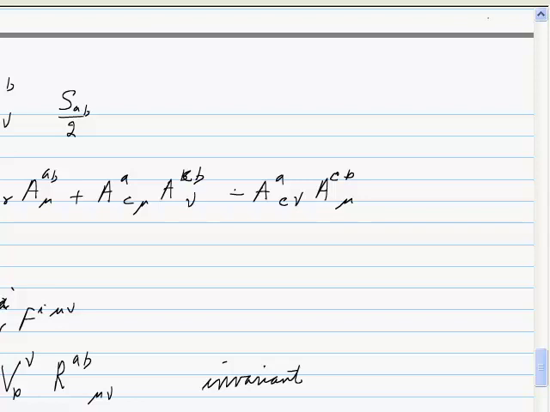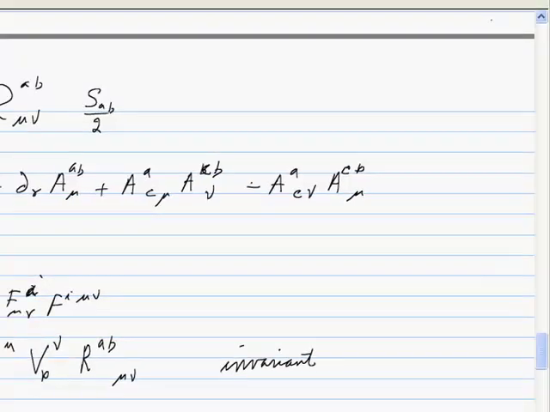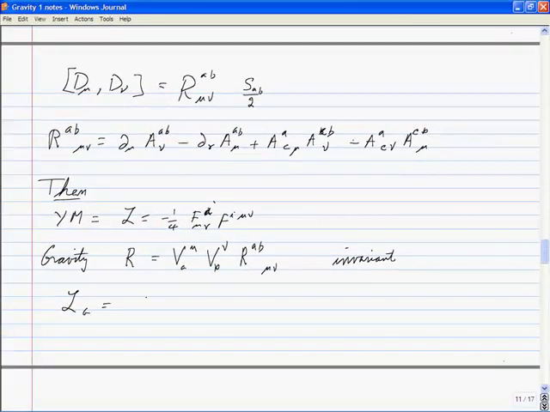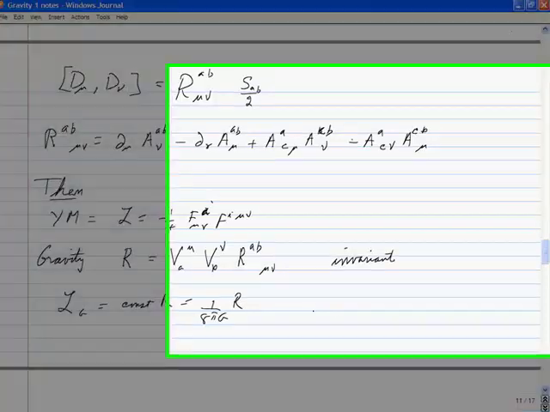Okay. So our acceptable Lagrange density for gravity is some constant times R, which is 1 over 8πG.